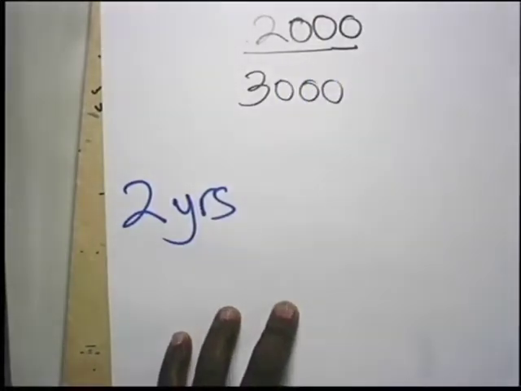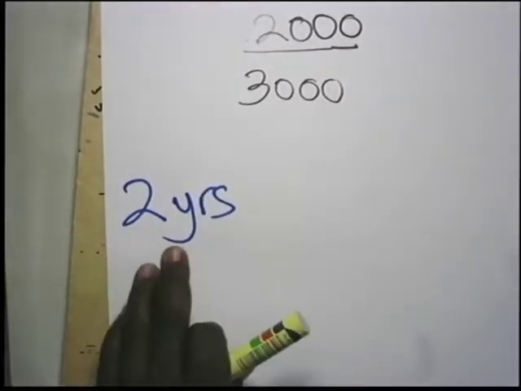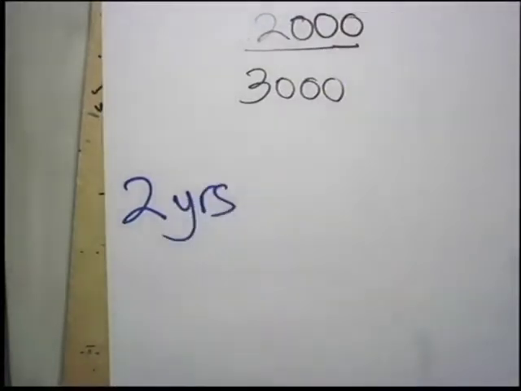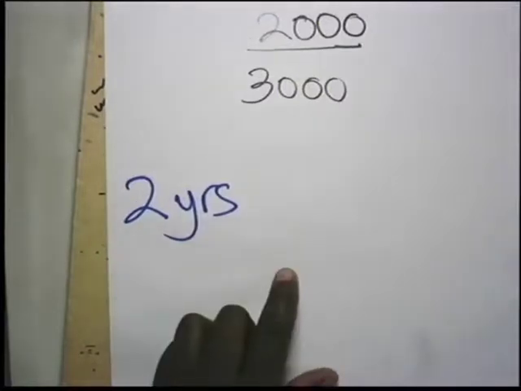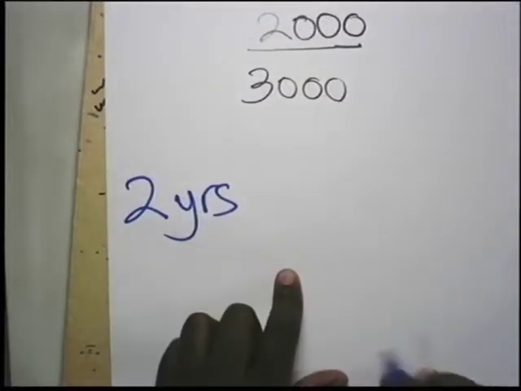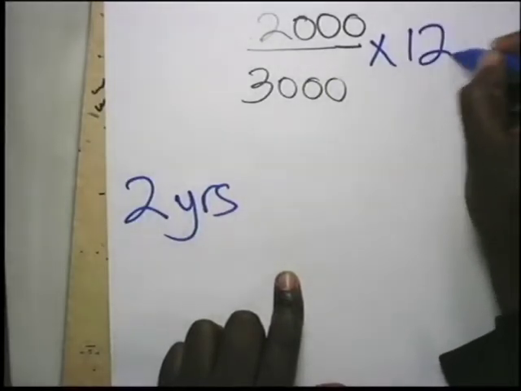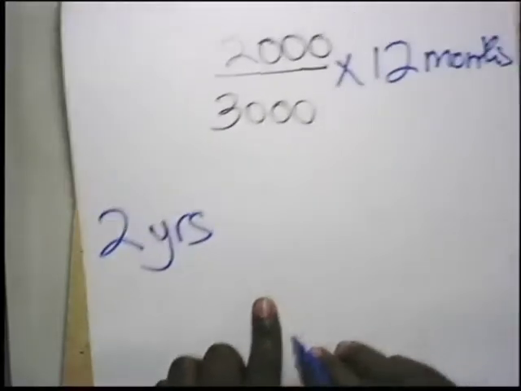So, I don't need a full year, because a full year that will take me to the end of year 3 will bring in 3,000. But I just need a fraction of that particular year. And that fraction is proportional to 2,000 over 3,000. Now, a fraction of a year should be given in months. So I shall multiply this one by 12 months, because we've got 12 months in a year.